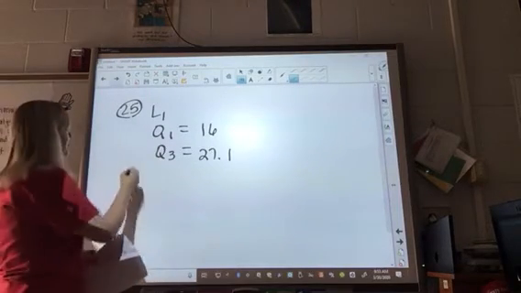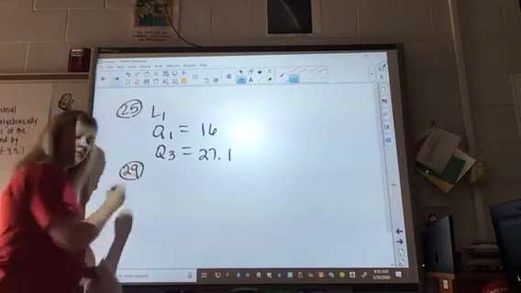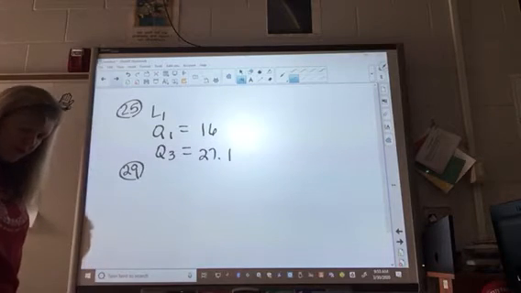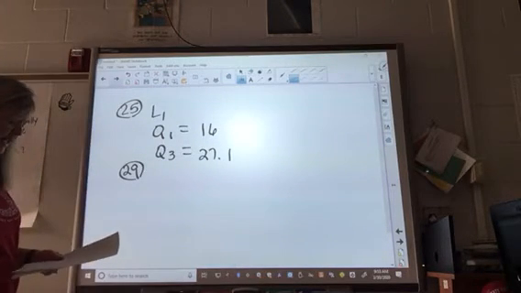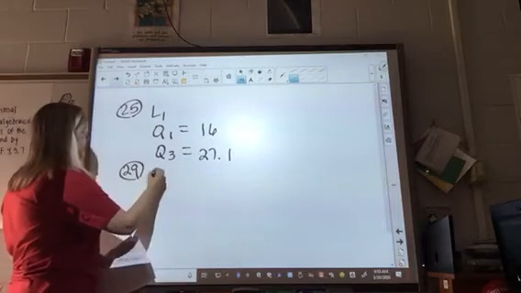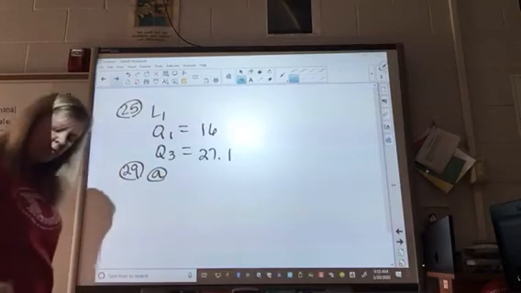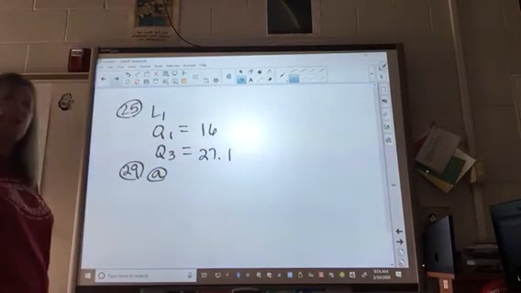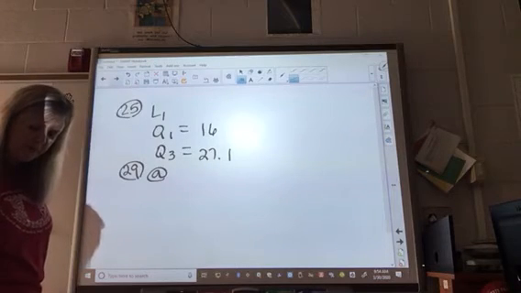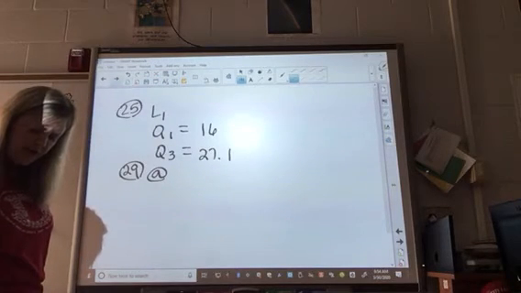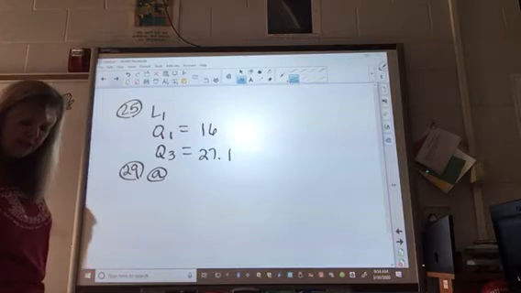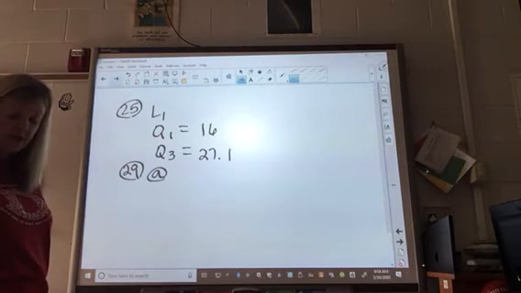Okay, last problem we'll do is 29. Number 29 says check each data set for outliers. We're just going to do A. Remember, an outlier is something that's way above or way below. If I look at letter A, I'm not sure if any of those numbers are extreme.